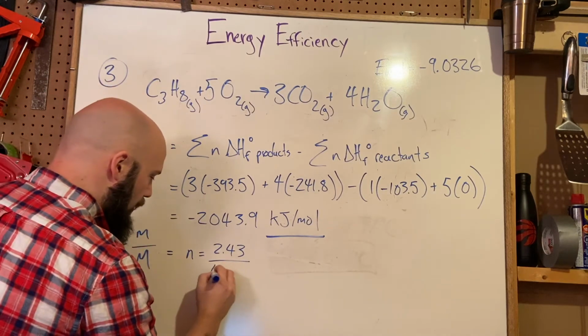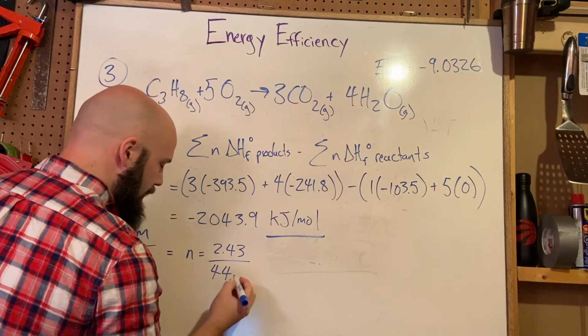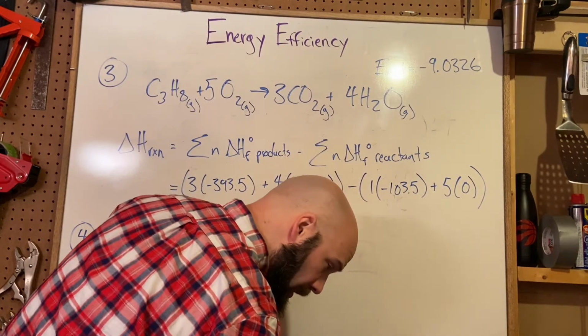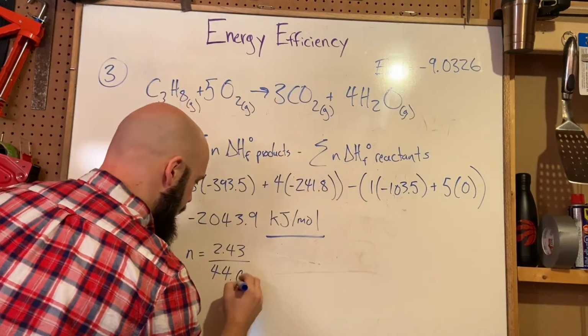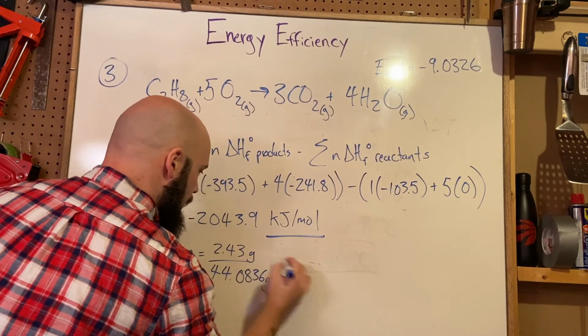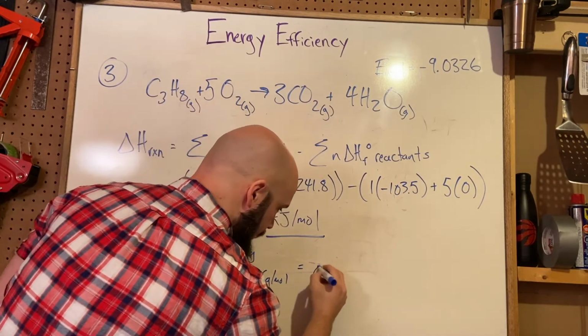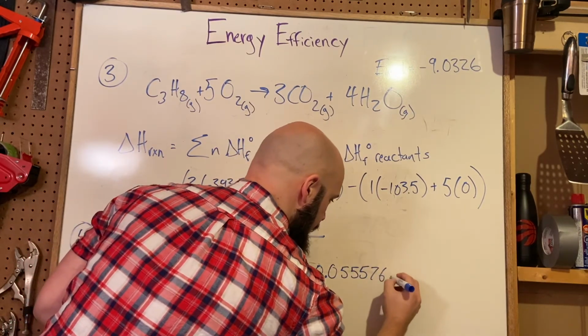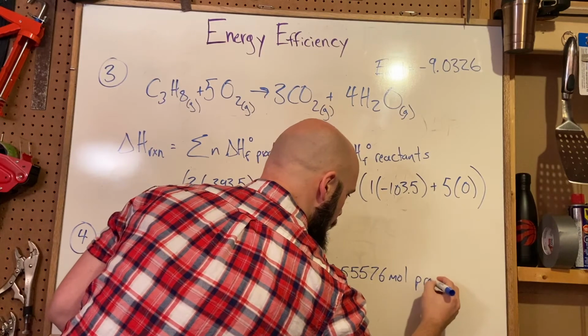So the molar mass of propane is approximately 44.1. So let's see the exact value, 44.0836 grams per mole, meaning we have exactly 0.055576 moles of propane.